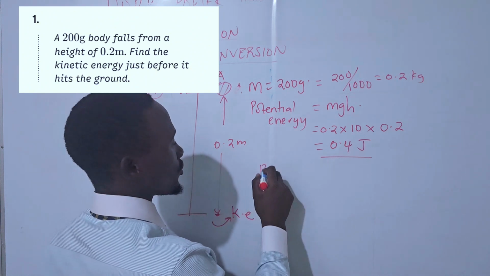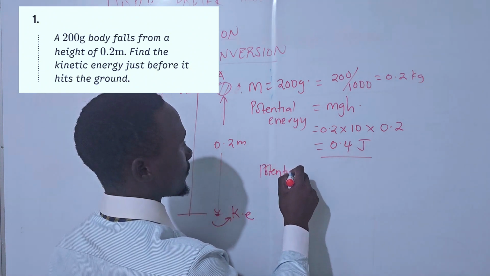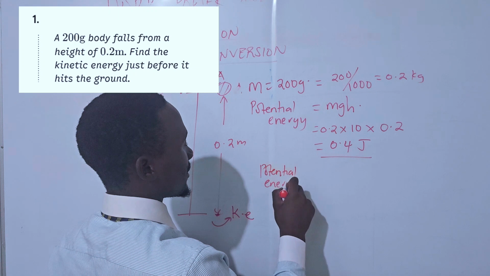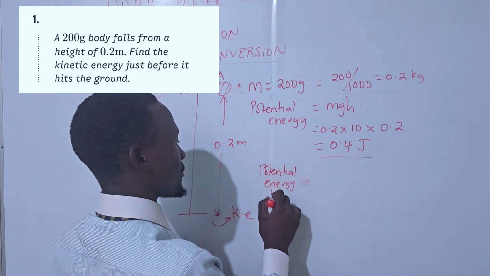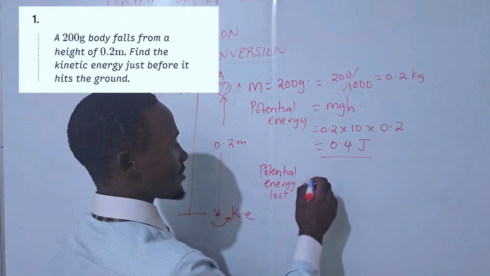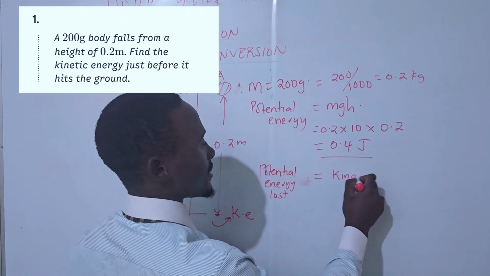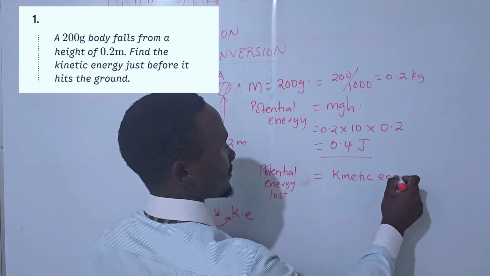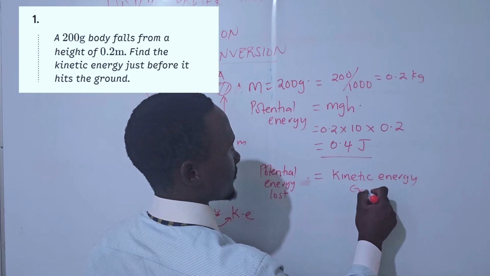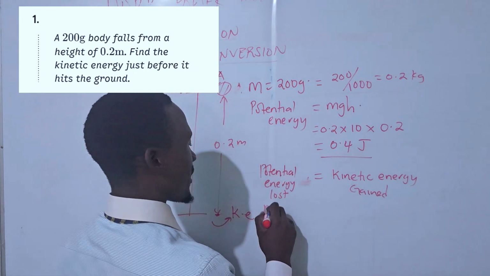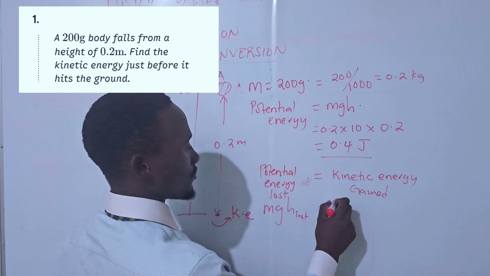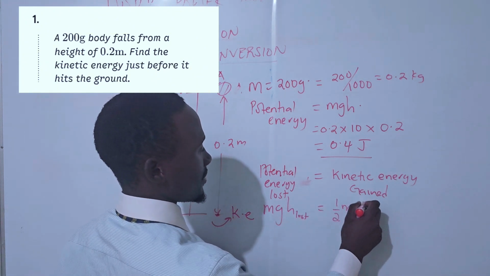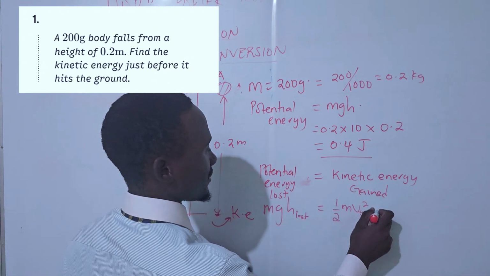So the potential energy at A, the potential energy it has been losing, is equal to the kinetic energy it has been getting. So this is m times g times the height it has been losing, which is equal to the kinetic energy it has been getting.